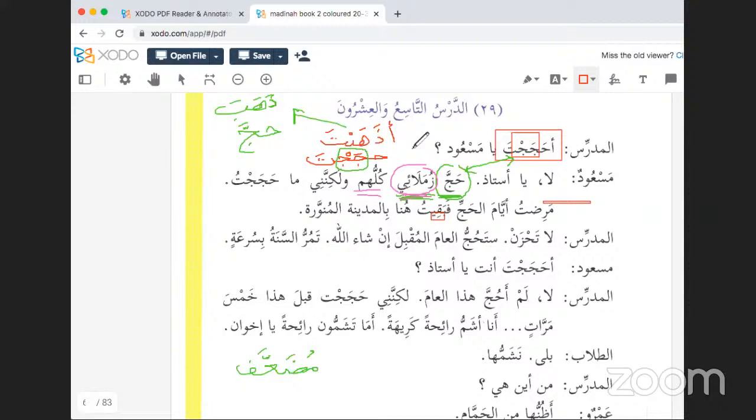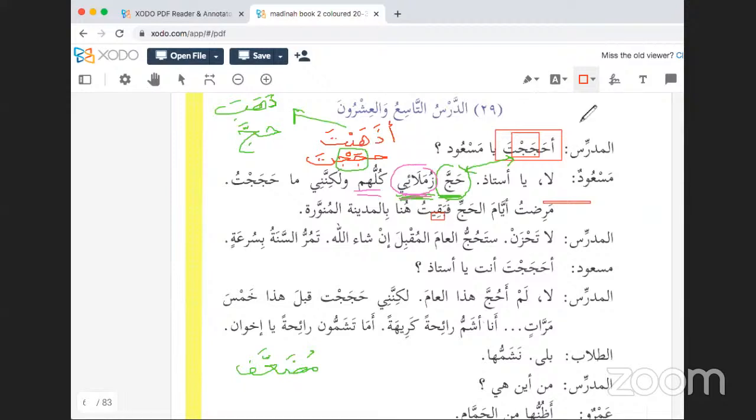Is it marfu', majroor, or mansub, and why? Marfu', mudaf. Marfu'. Why is it marfu', Habib? It's because fa'il. Ahsant, barakallah, because it's fa'il.